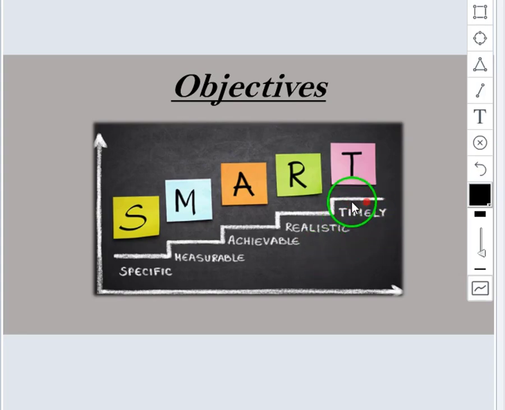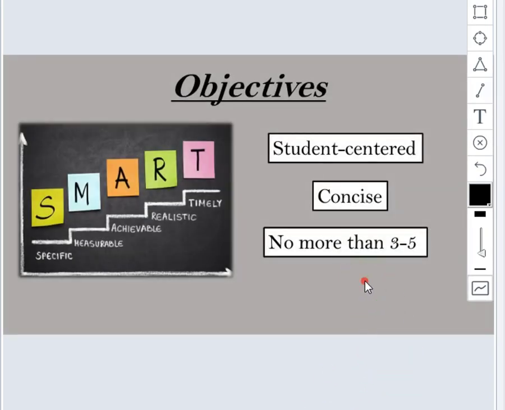Timely is kind of set for us because we're constrained to a semester at a time. So I'm going to add to this, though, that you want them to be student-centered, concise, and you want to have between 3 and 5.